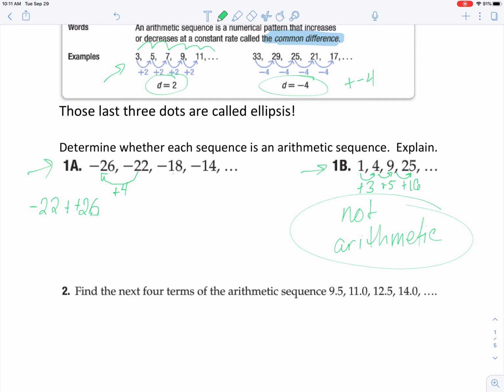So let's try it again. Negative 18 minus a negative 22 is a double negative, which means I have a 4. One more time, negative 14 minus a negative 18 is a double negative, and it gives me 4. Since I'm adding the same each time, yes, this one is arithmetic.